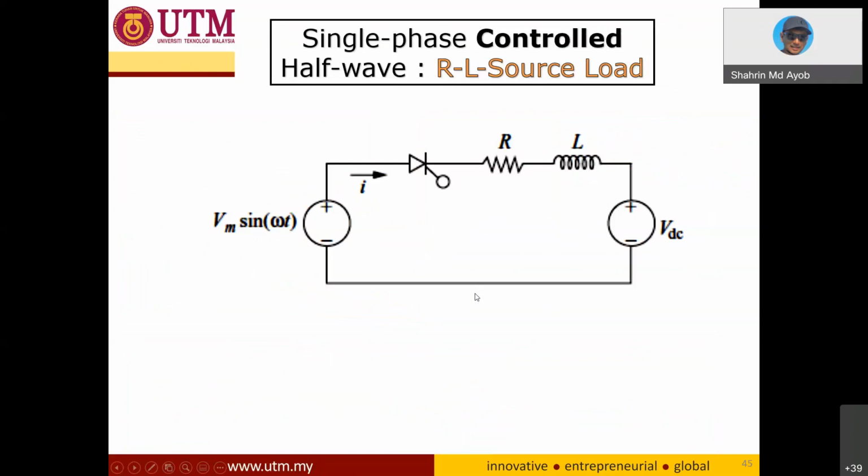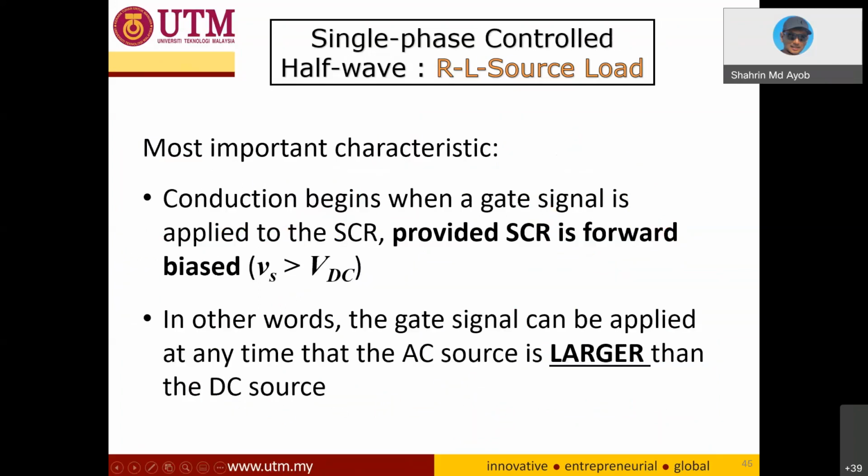And then for this one controlled by using the SCR, I think the principle is the same. So this one is your V out. Conducting begins when a gate signal is applied to the SCR, provided that the SCR is already forward biased.